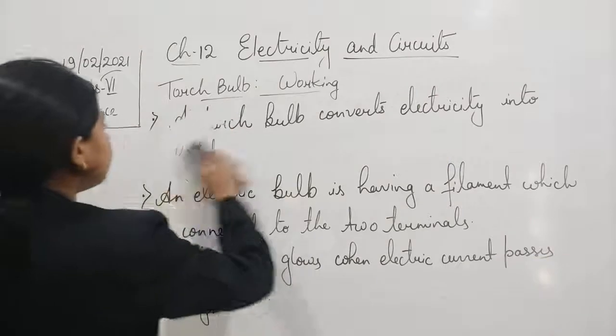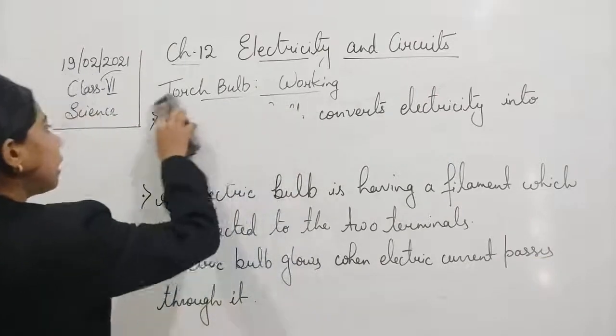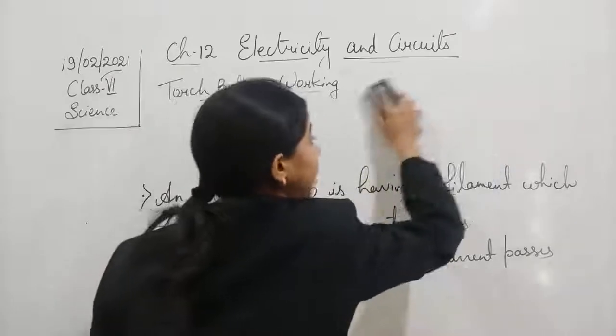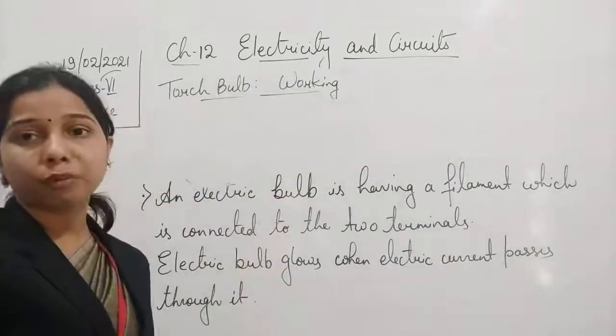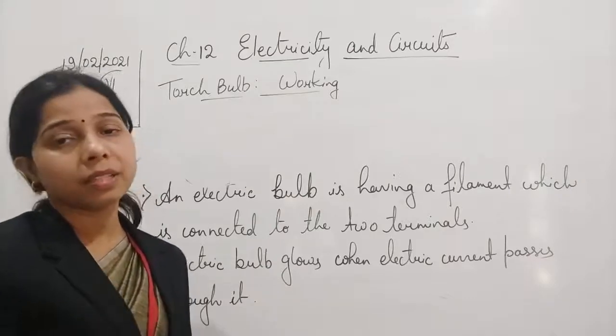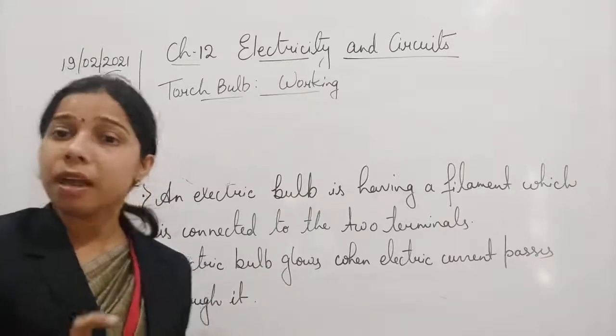By this we have understood that this electric cell helps in glowing the filament. But it can produce only a small amount of electricity.